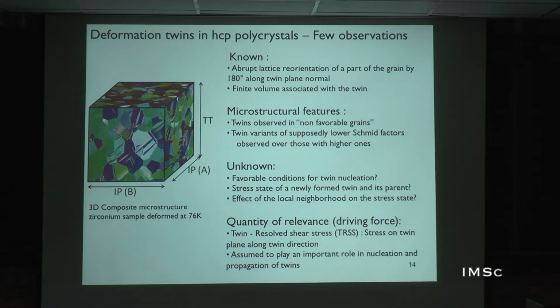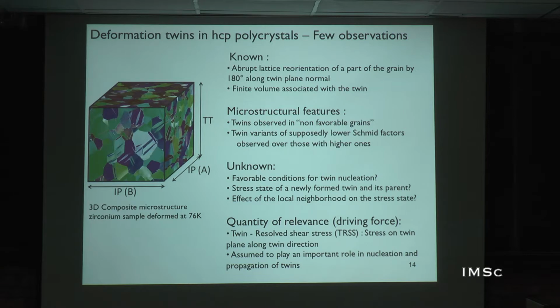So when you have low symmetry crystals and you are applying stress on them, if there are not enough independent slip systems to accommodate this plastic deformation, their recourse is to activate twinning, because they can accommodate shears, and that is the thing.